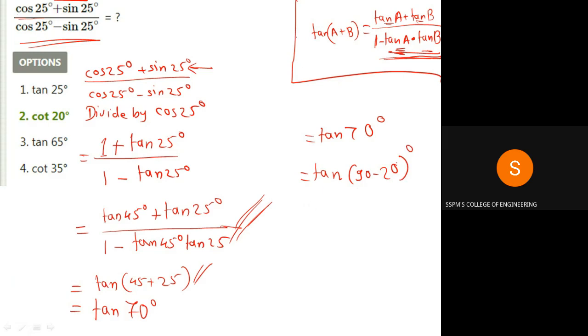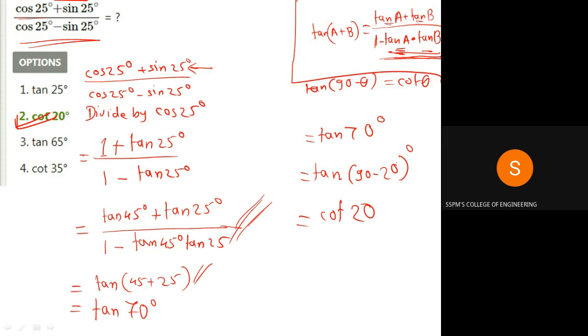What is tan(90 minus theta)? It is cot theta. So tan(90 minus 20) is equal to cot 20. So cot 20 is the correct option.